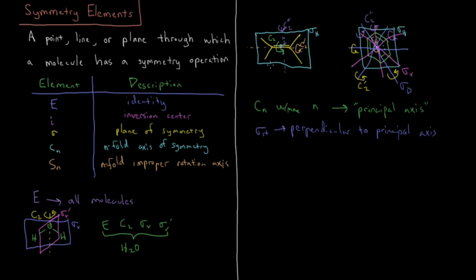So I called this sigma h here because it's perpendicular to the C2 I've defined as the principal axis. These are both sigma v because they are parallel to it. This sigma h here is perpendicular to C6. It's in the plane of the board.